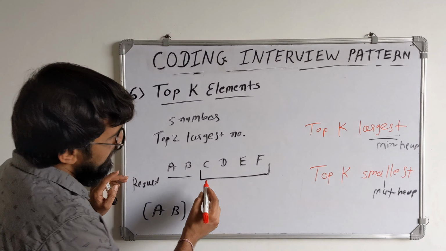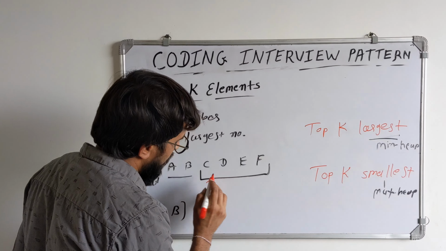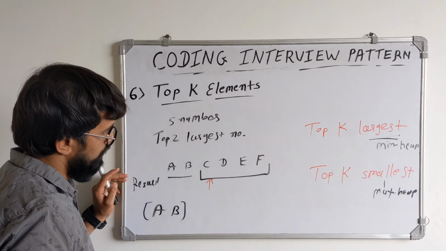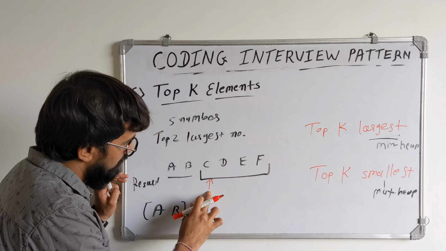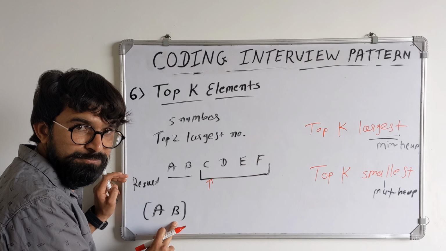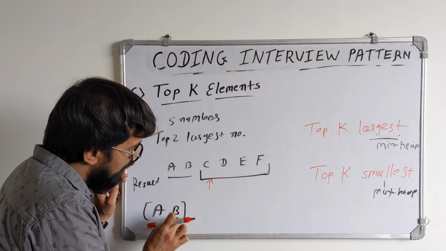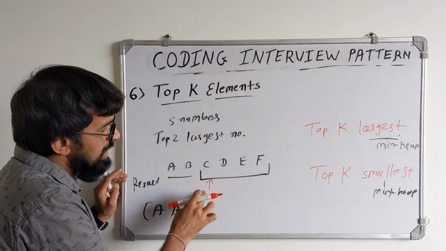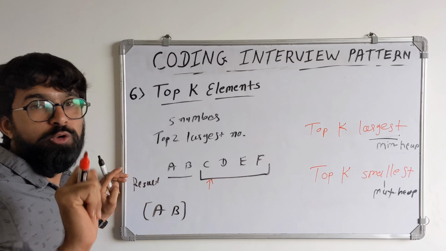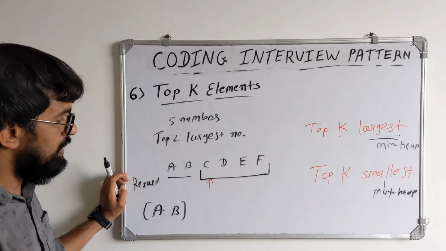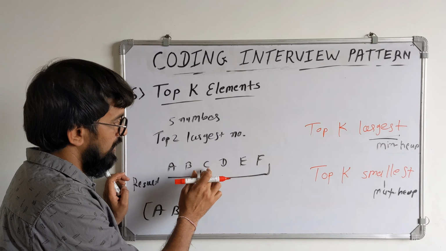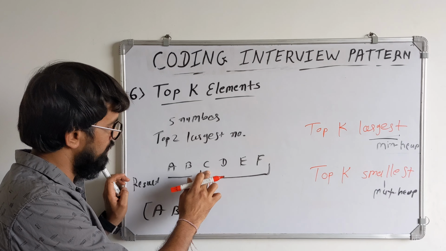Now if I take the number C, because I decided on 2 numbers, I have to compare it with both A and B, and I have to kick out the small number. Suppose C is greater than both A and B, I have to kick out one number, because I need to keep a place for C.